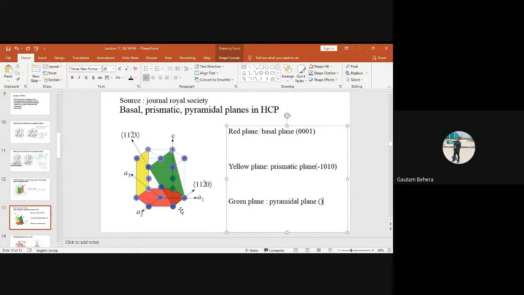So in the four coordinate system, what magnitude should I write for the first coordinate? Very good, 1, because this is the A1 direction, and the A1 direction is intersecting this plane by 1 unit magnitude. So this is only 1.